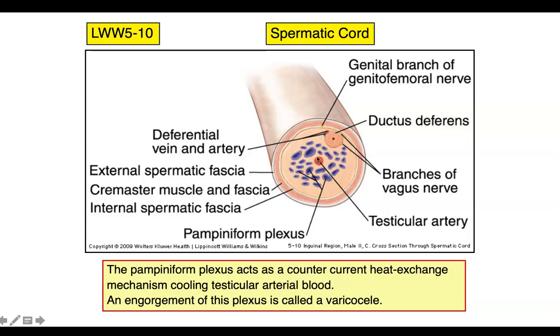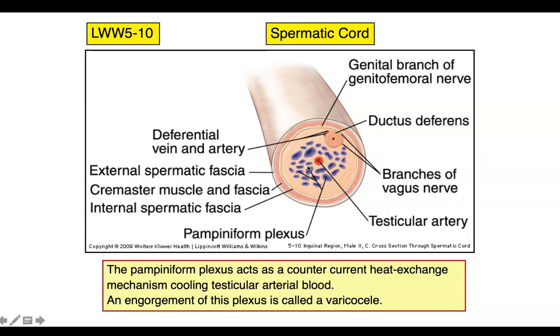And the testicular artery is surrounded by a venous plexus, which is called the pampiniform plexus of veins. The pampiniform plexus of veins surrounding the testicular artery acts like a countercurrent heat exchange mechanism, and it lowers the temperature of the testicular arterial blood.